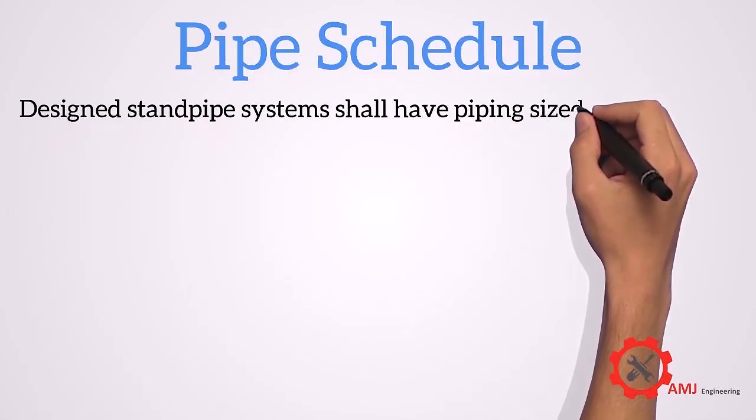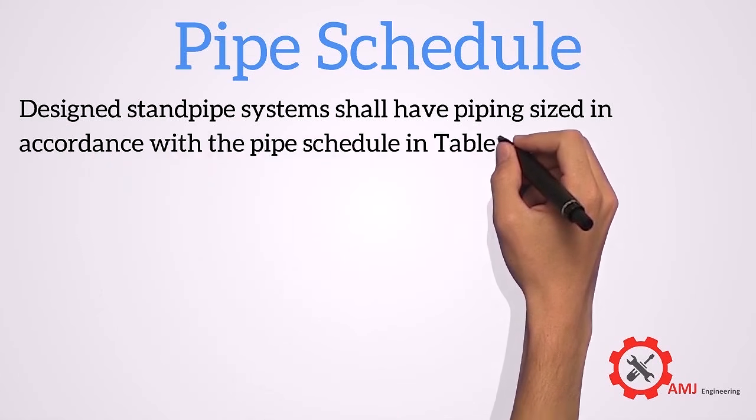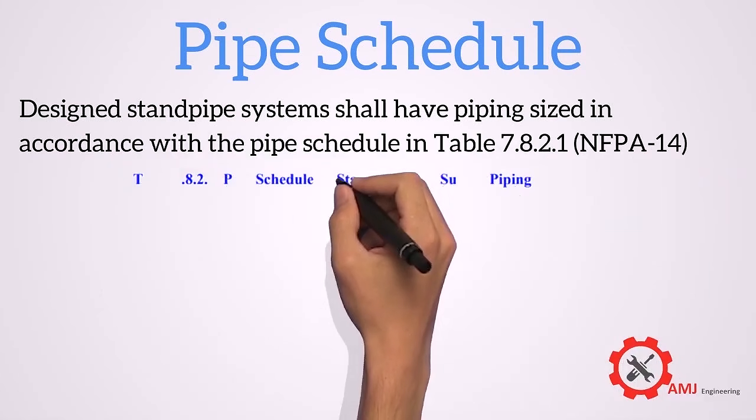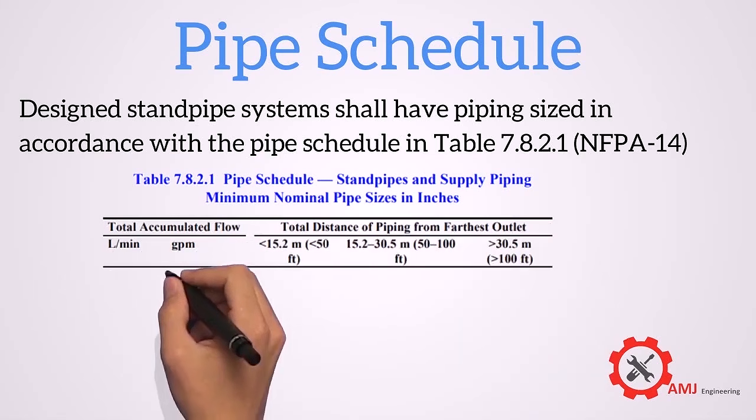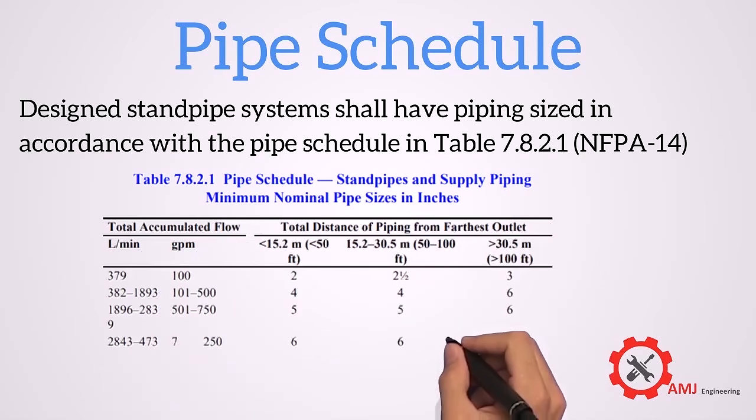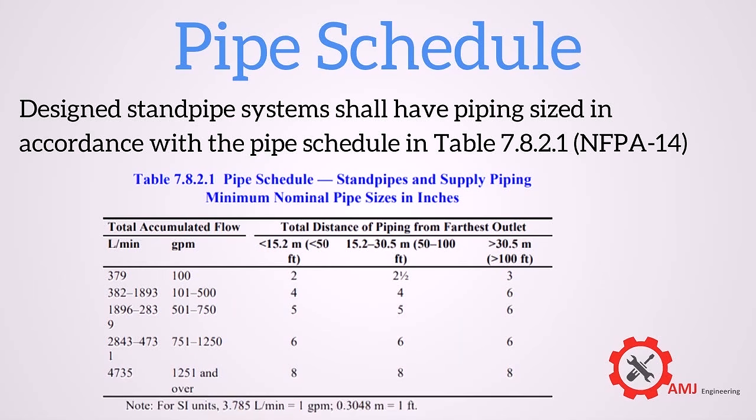The easiest way to size the piping system is to use Table 7821 below, which was extracted from NFPA 14 2003 edition. From this table, knowing the water flow and the distance from furthest outlet connection, you can select the pipe nominal size. Let's see an example.